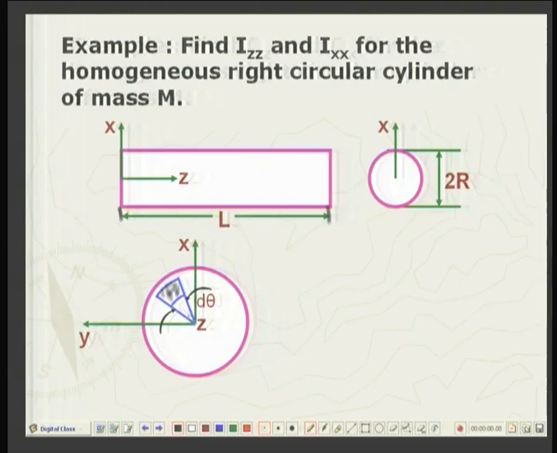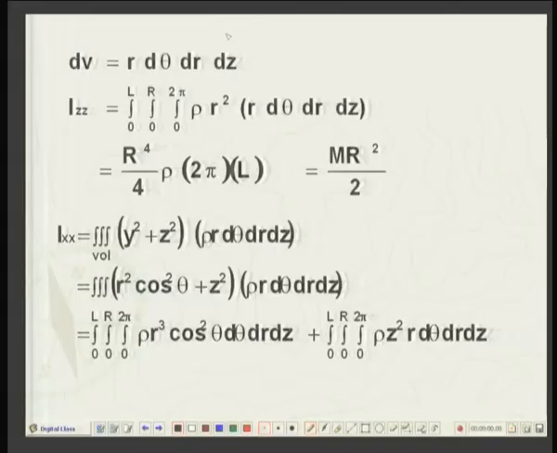So, the y distance will be r cosθ, because this angle is θ. So, r cosθ will replace y, plus z² as such, times the mass of the elementary body.